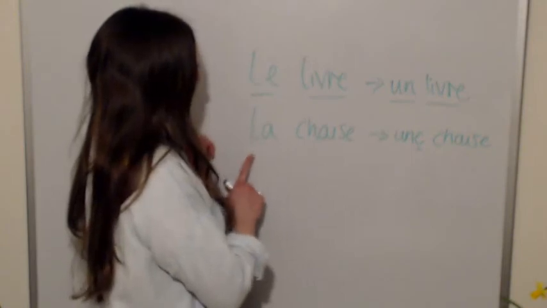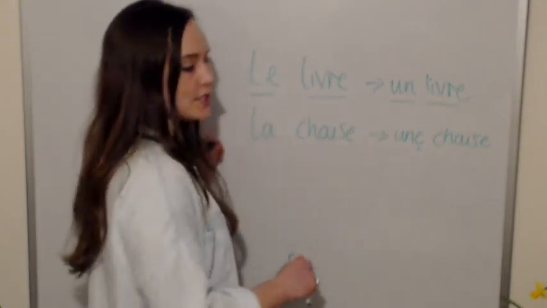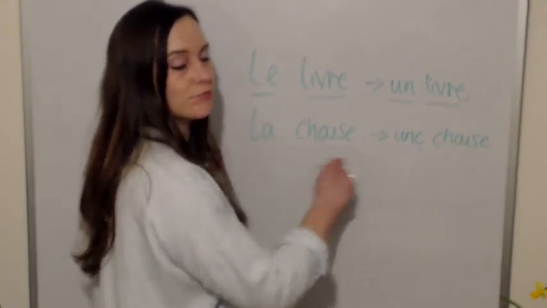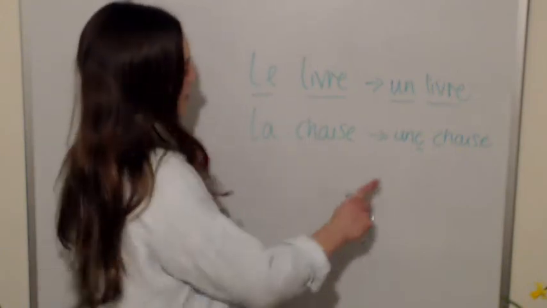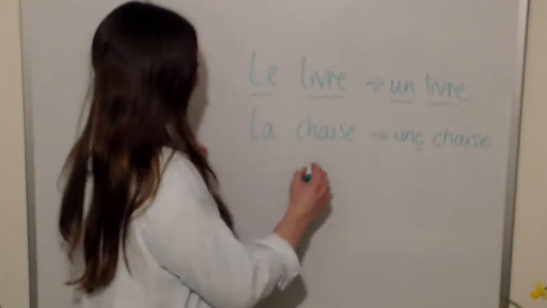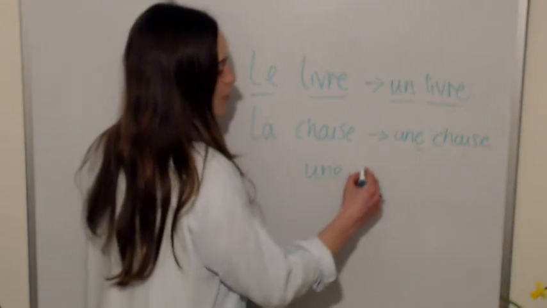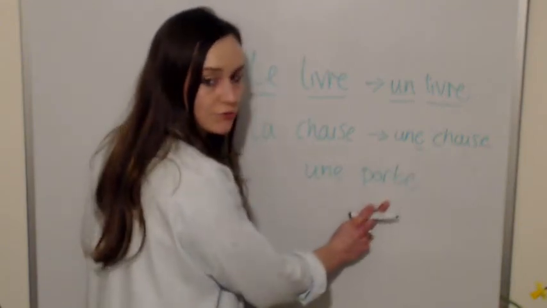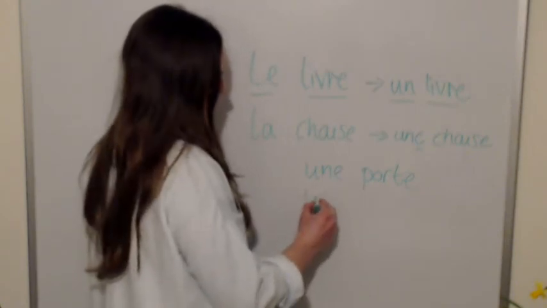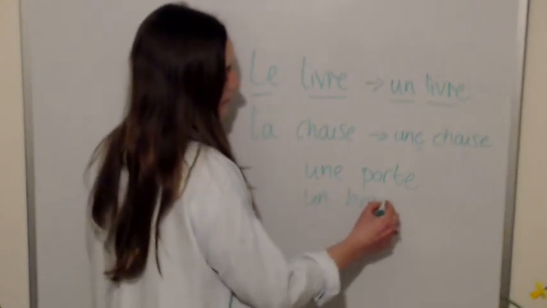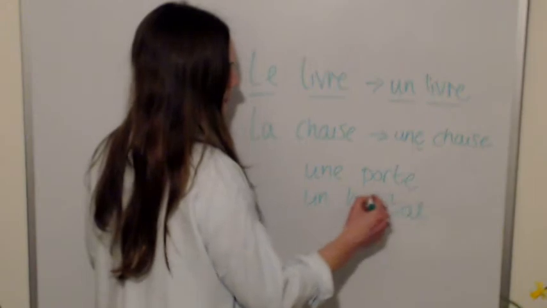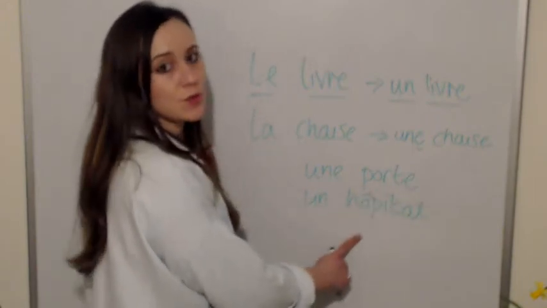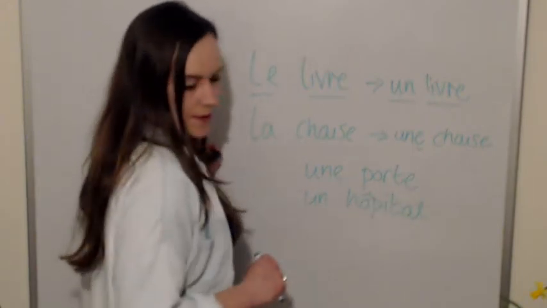So instead of the chair, we're saying a chair, or one chair. Une porte. A door. Un hôpital. A hospital. What are the other words on that? Look.